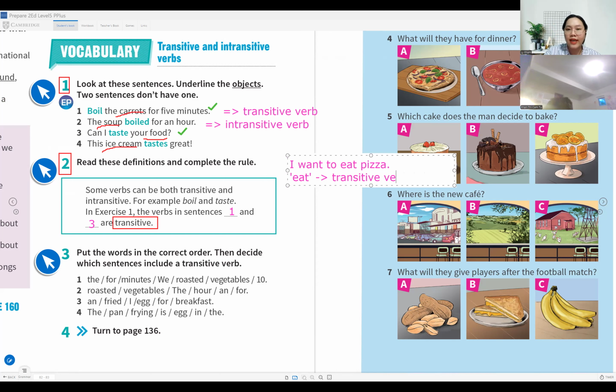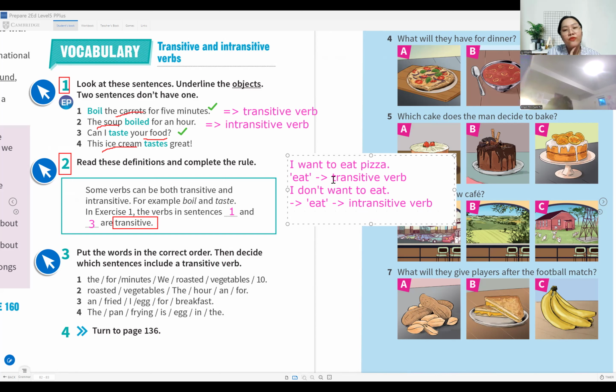But I can say, oh no, I'm full. I don't want to eat. So at this time, after eat, there is no object. So eat here is an intransitive verb.